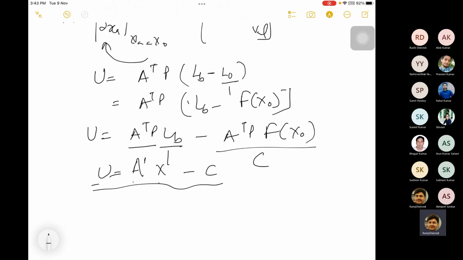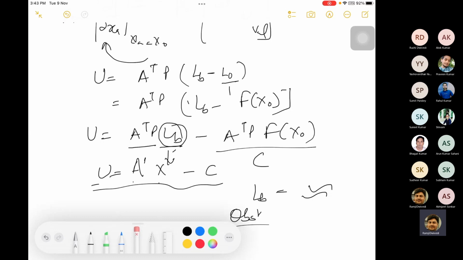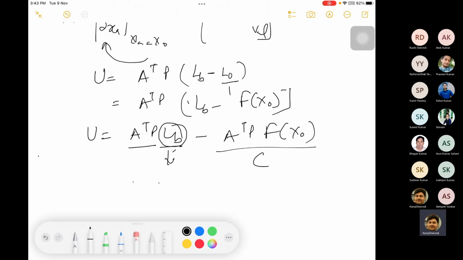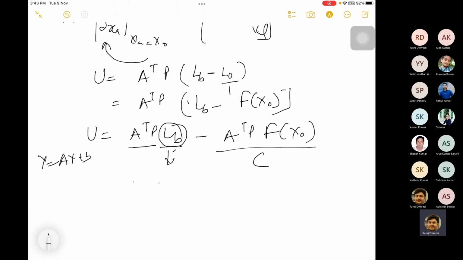So now it is a function of the form y is equal to ax plus minus b. इस टाइप का फंक्शन बना। I'm just explaining it with how this Lb is, because Lb is not constant, Lb is having variations, because observables are variable in nature. Okay, so don't think that I'm just representing x L by x, I'm just correlating it with y is equal to ax plus b kind of example.